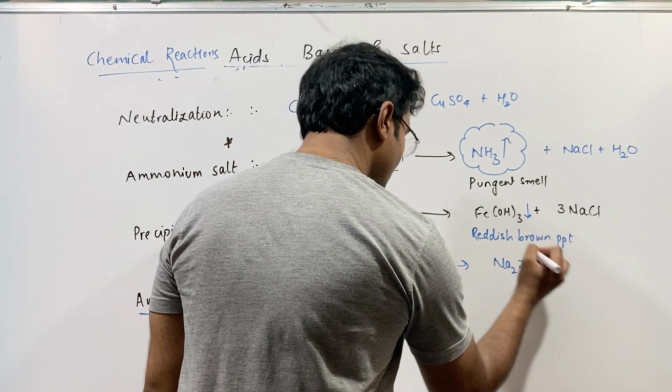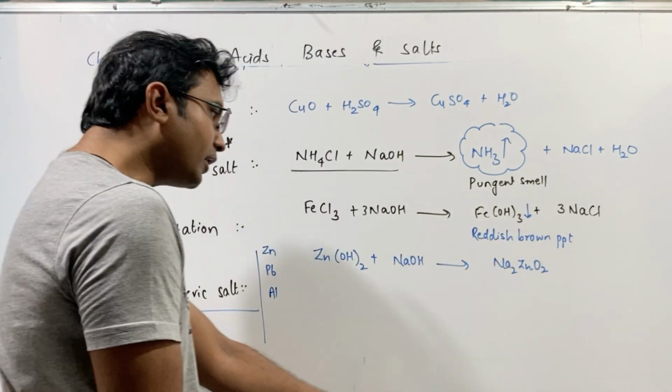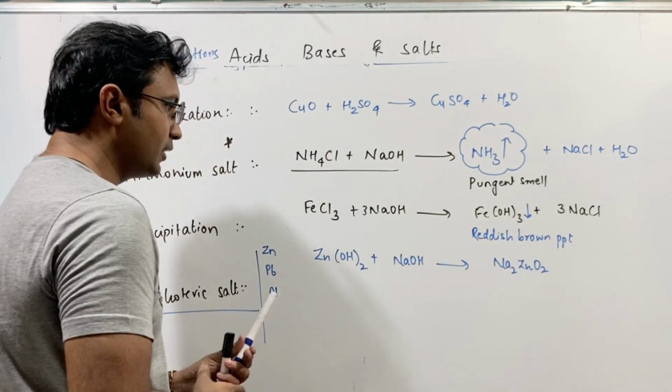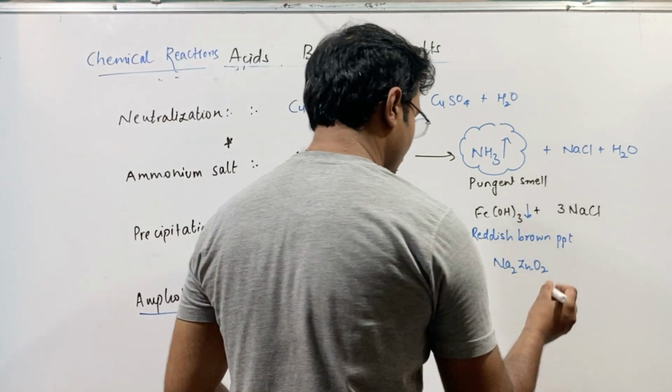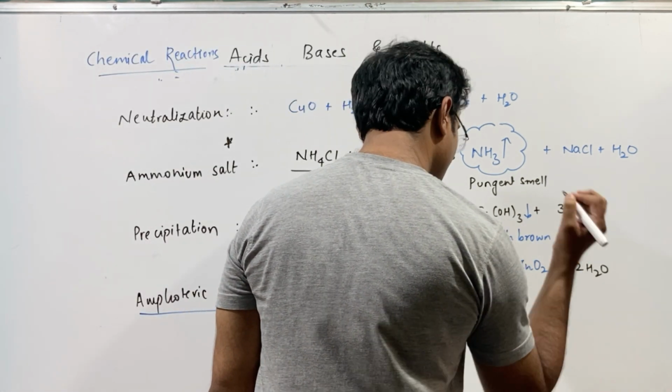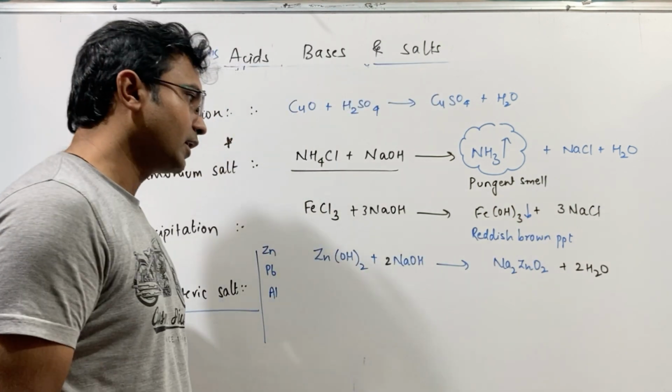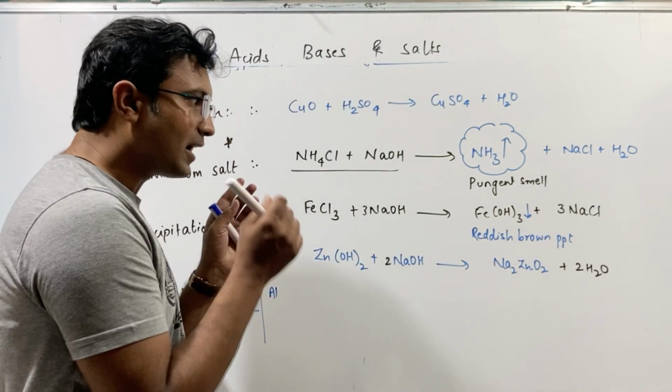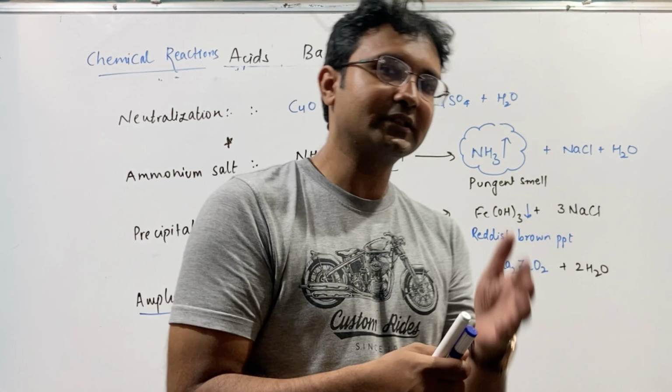This is exclusively for amphoteric. So it will form Na2ZnO2 and I'll need 2 NaOH here and there will be liberation of 2H2O.